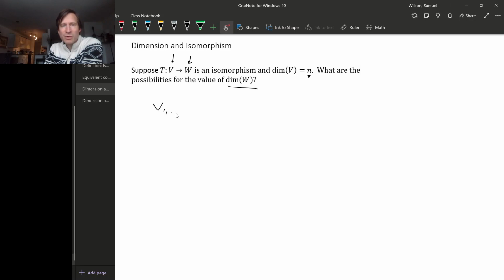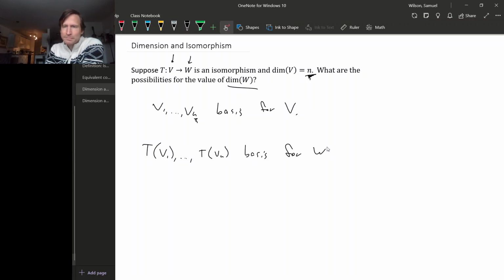So if we take V1 through Vn, there has to be n vectors in a basis for V because V has dimension n. So V1 through Vn, a basis for V. But what we proved is that means that T of V1 through T of Vn is a basis for W. So the dimension of W is just the number of vectors in a basis.